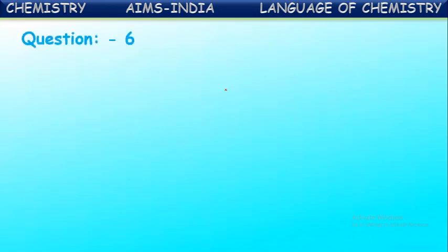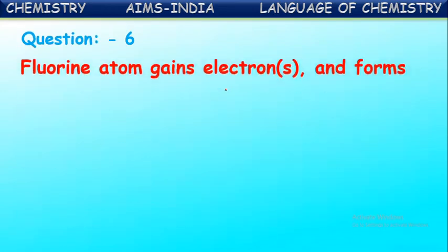Next, fluorine atom gains electrons and forms what? Actually, the atomic number of fluorine is 9. If you write its configuration for 9, we get 2, 7, and its valence shell has 7 electrons. To become stable, fluorine gains 1 electron. So what will it form by gaining 1 electron?